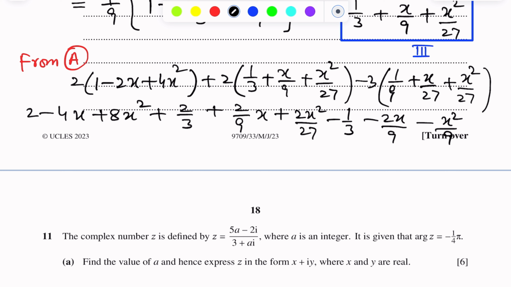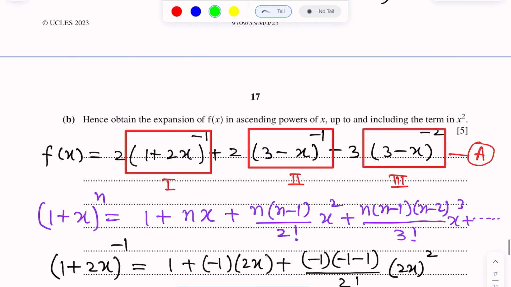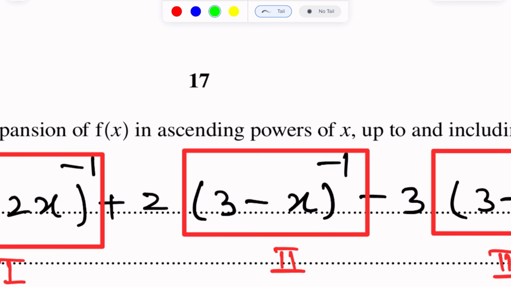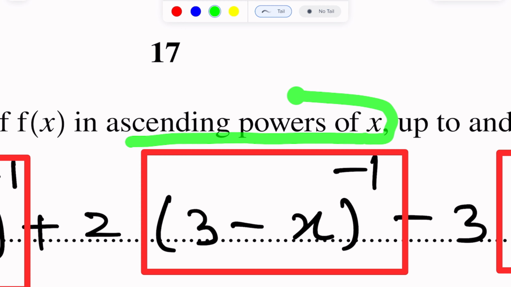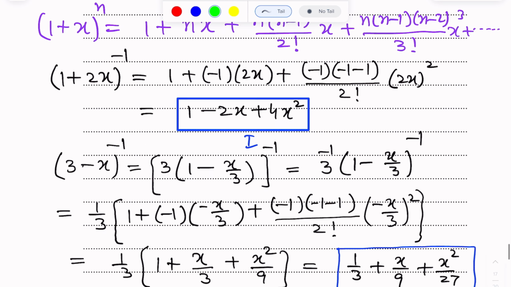So collecting the like terms, these terms directly cancel out. We have to give the answer in ascending powers or increasing powers of x.